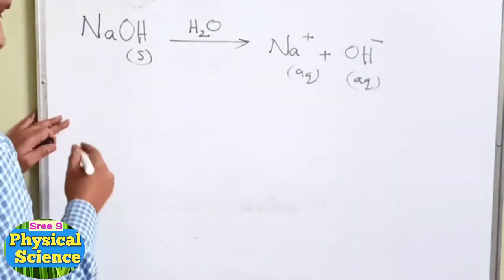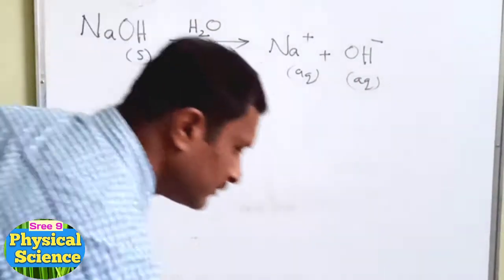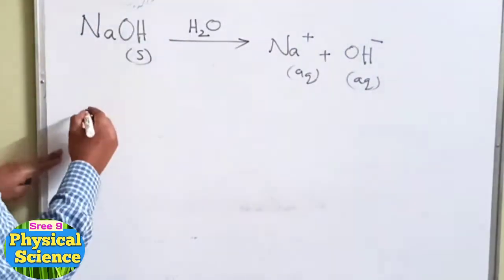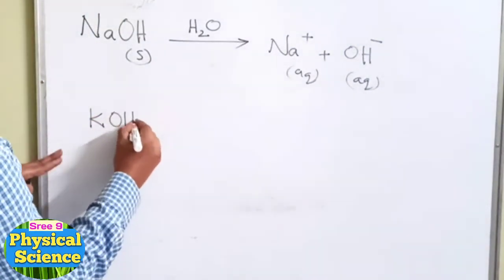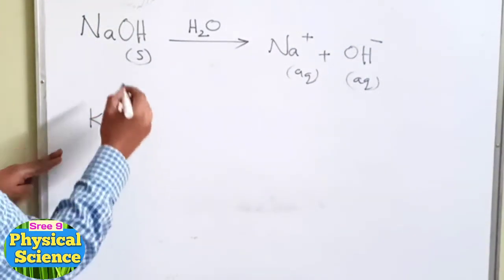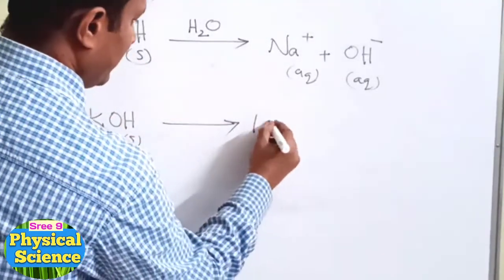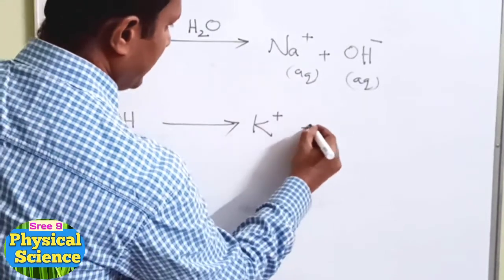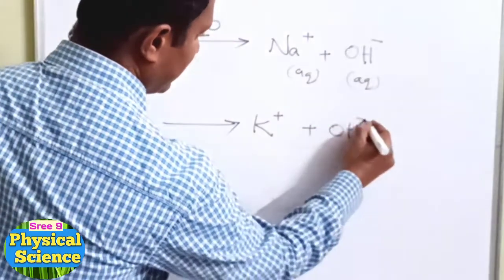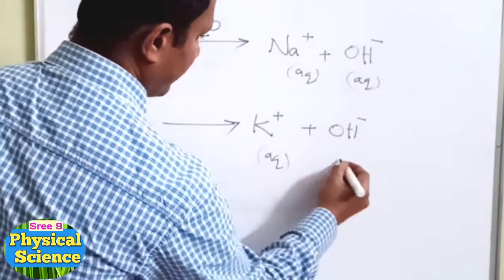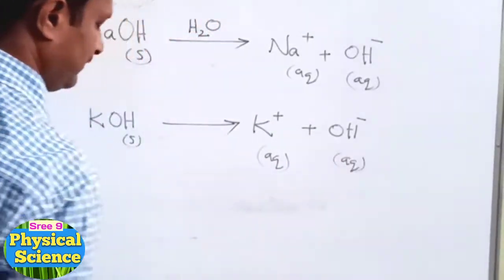Now KOH, solid potassium hydroxide, turns to K plus and OH minus ions in aqueous solution.